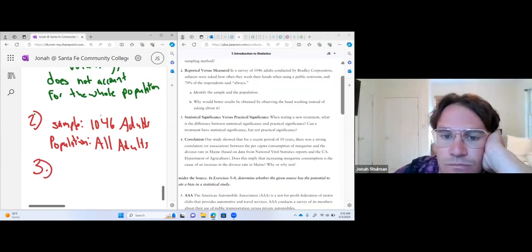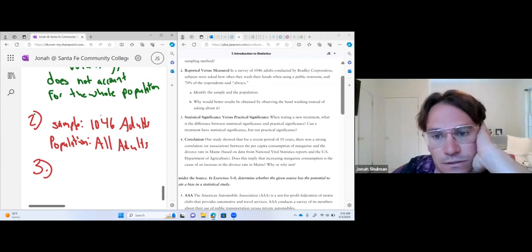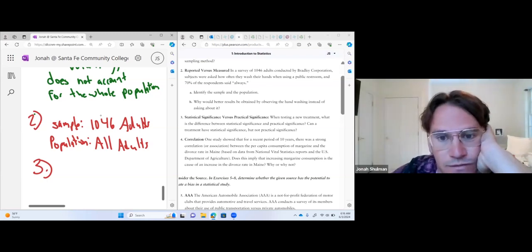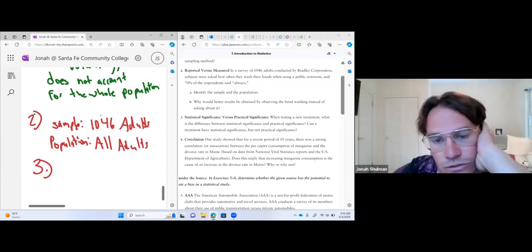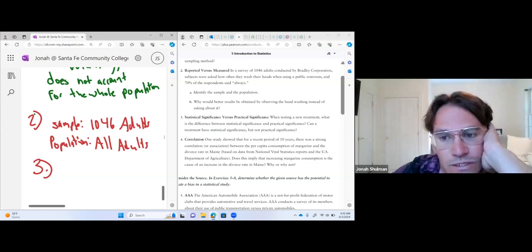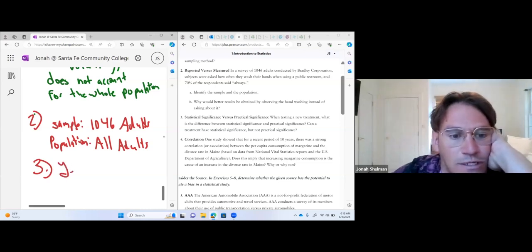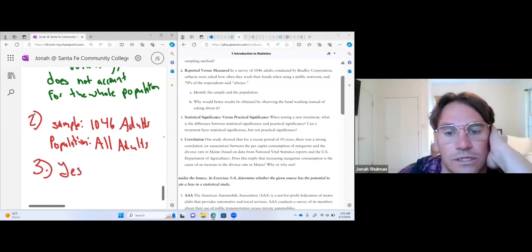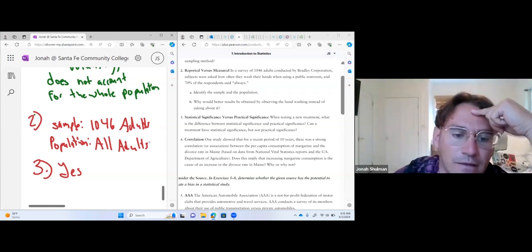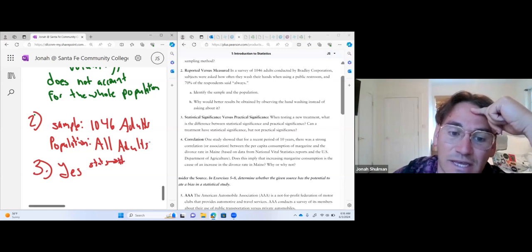All right, we can look at number three. When testing a new treatment, what is the difference between statistical significance and practical significance? Can a treatment have one without the other? Yes, so this answer is yes. It can be different, but what is the main difference between these two things? The statistical one, you can just think about it as the numbers. Like the numbers are saying this is a 95% chance, 95% confident.